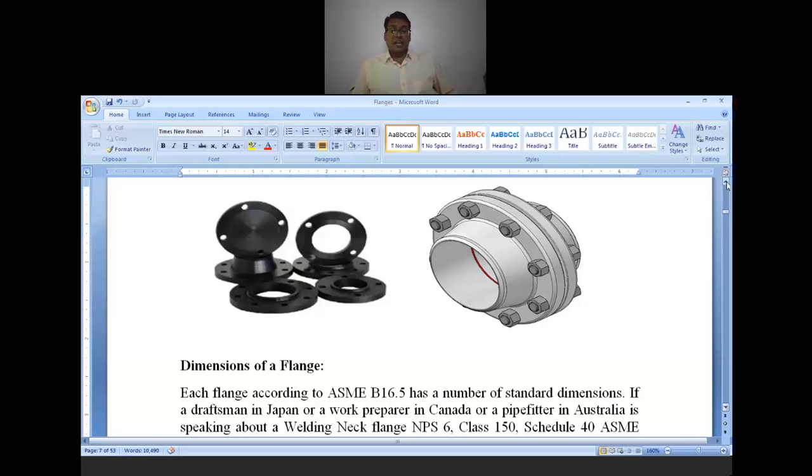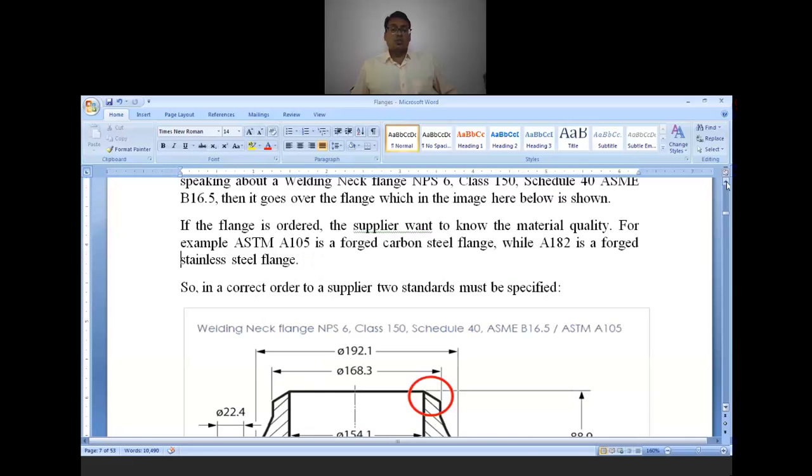These are with certain specifications and certain codes. ASME standard codes are there. Then Canadian, Australian, Japanese codes are there. And according to these codes, these flanges are used.